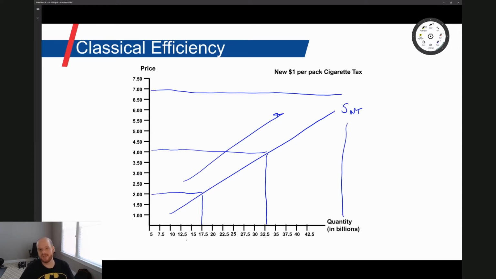It would make no sense for us to only produce 17.5 billion packs of cigarettes if the going price is up here at $7 a pack. Similarly, it would not make sense for us as producers to produce 50 billion packs of cigarettes if the going price is only $2 a pack, right? We could better allocate resources.